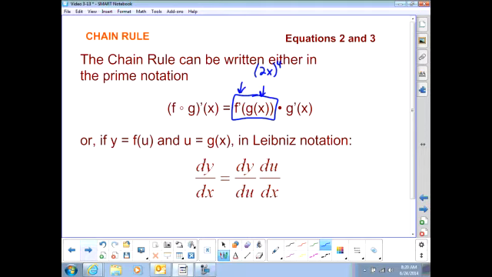So whatever your outside function is, you do your regular rule for that. And then you multiply by the derivative of the inside function, which in our case, we did the derivative of 2x when we had 2x raised to the 4th. And on the bottom there, that's just another notation for it. You probably won't see that too often.